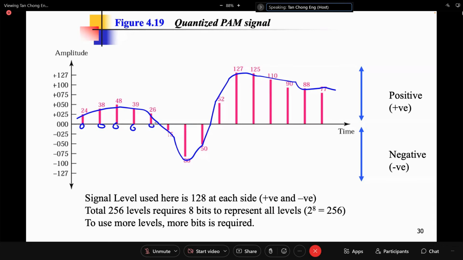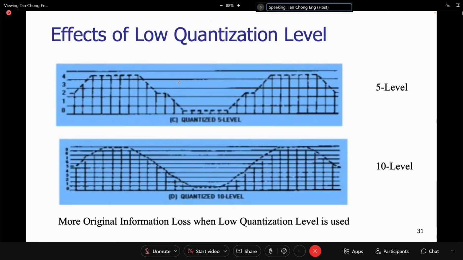So you can see that different values have been generated. This is 24, this is 38, and so on and so forth. From there, we further convert them into a different value. This is how the process is happening. Right? So here I'm just showing you how this process is being carried out.